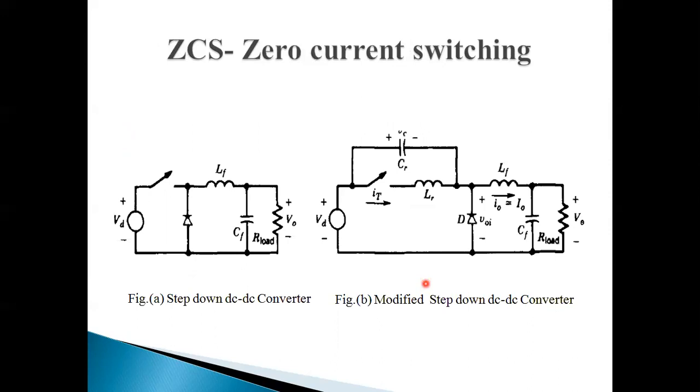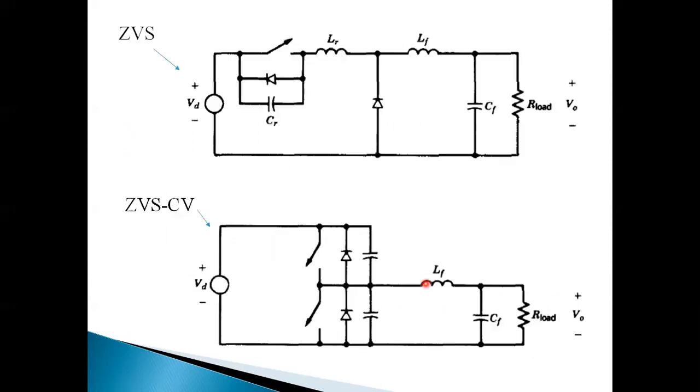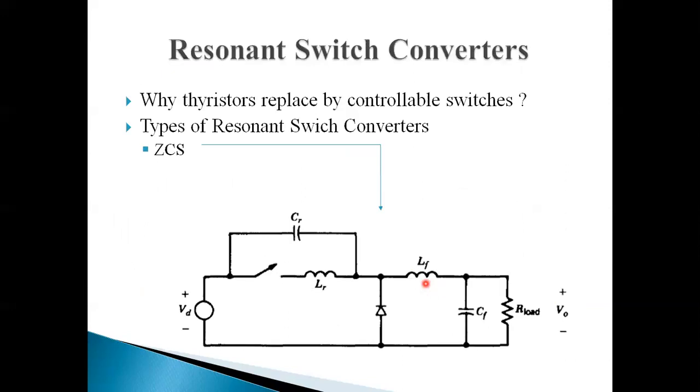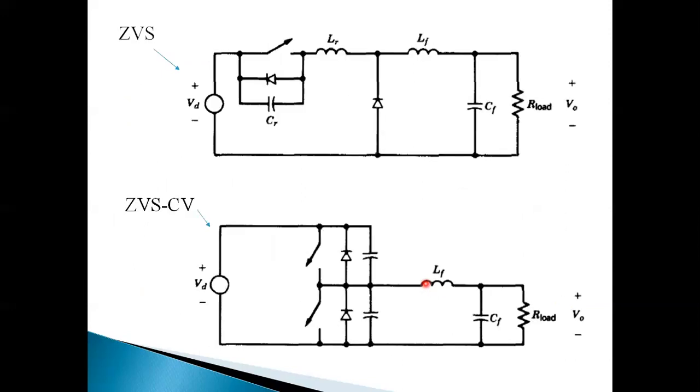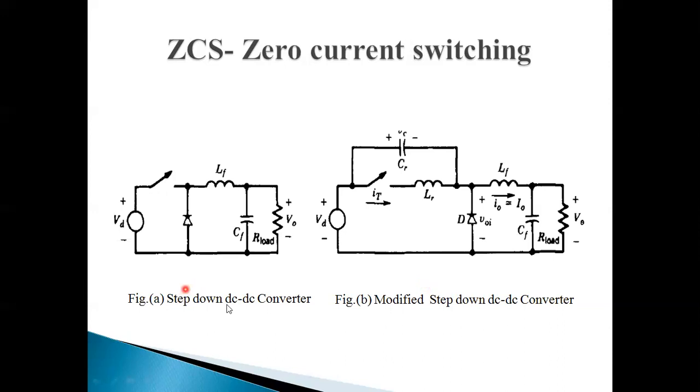We already discussed in our previous chapter that in resonant switch converters we are using the step down DC to DC converter circuit. Taking reference of this circuit, we can understand the operation of zero current switching.